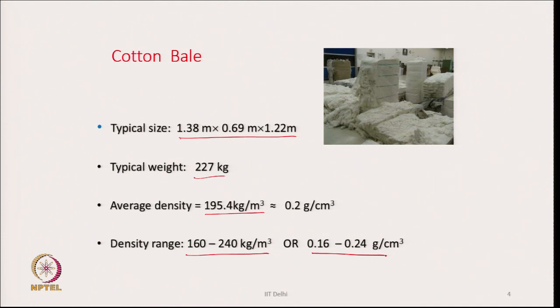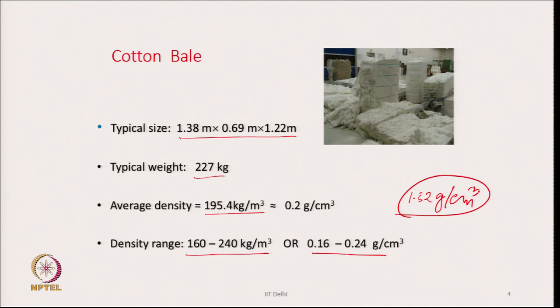All right. You must remember this is actually much less than the cotton fiber. Typical density of cotton is how much? If we say density of cotton fiber, which is close to 1.52 gram per centimeter cube.